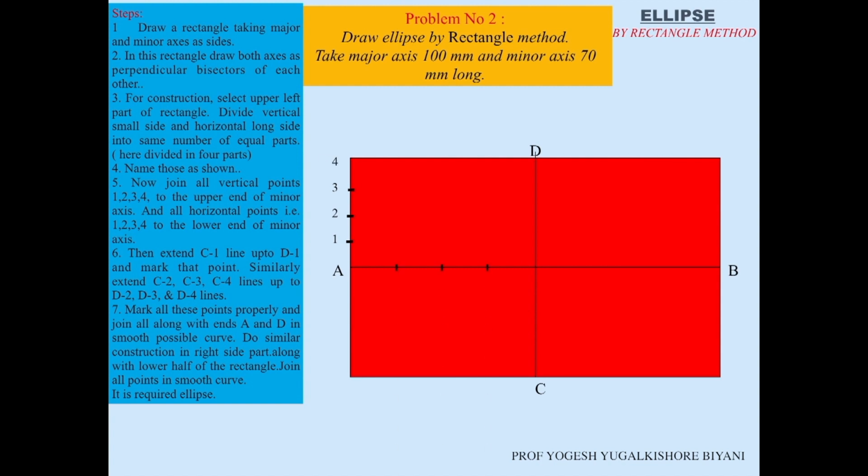The horizontal line also will be divided into 4 equal parts and name them as shown in the figure. Now we'll join all the vertical points 1, 2, 3, 4 to the upper end of the minor axis and all the horizontal points, that is 1, 2, 3, 4 to the lower end of the minor axis.